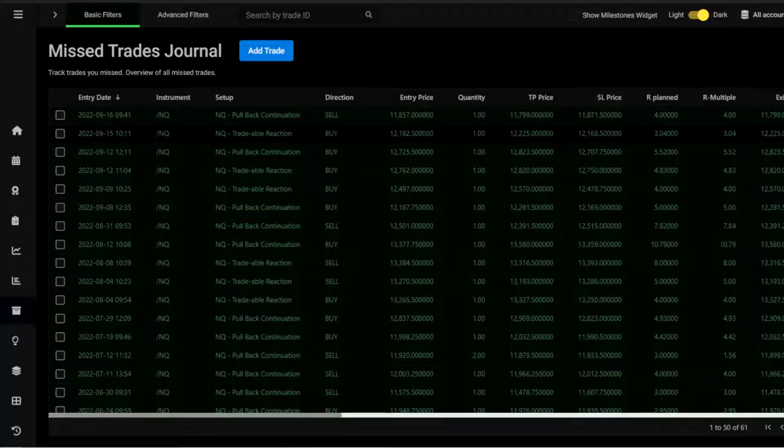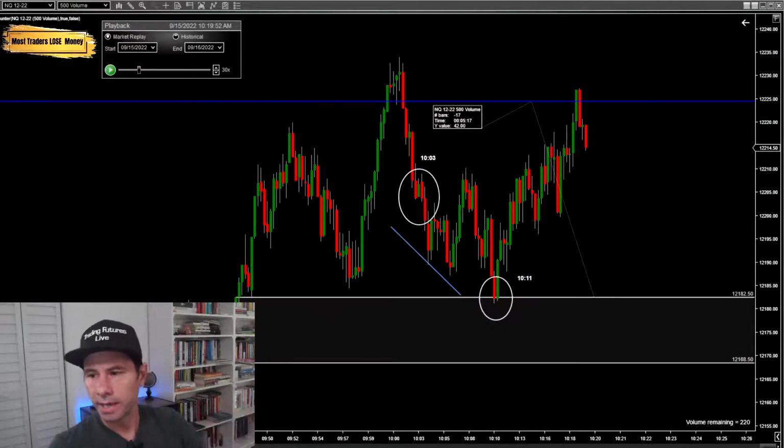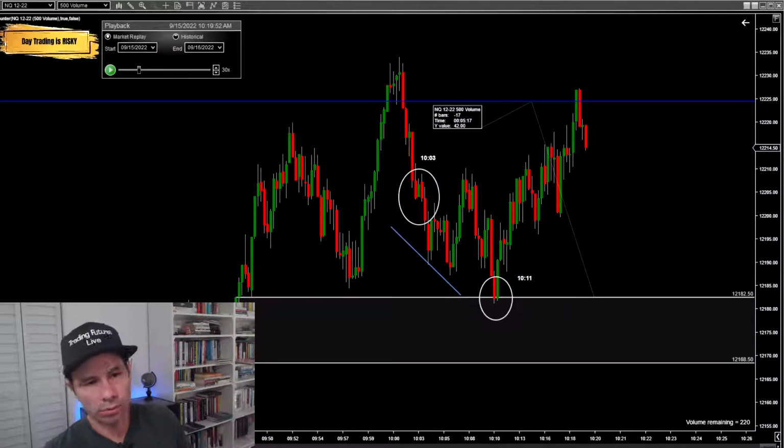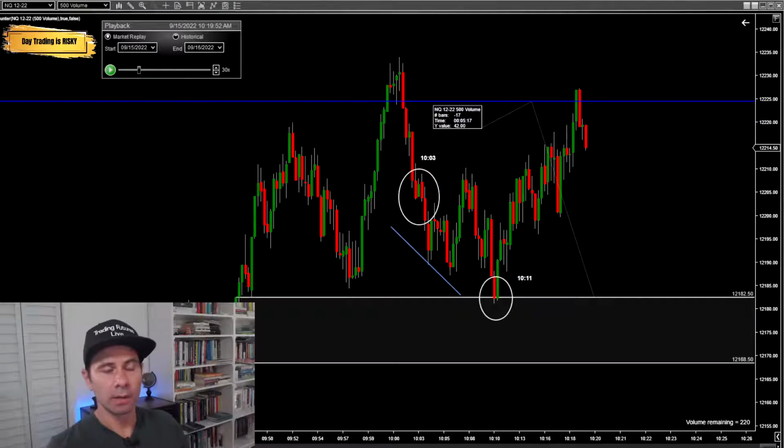So we trade a derivative of the cash market. That cash market is in New York, in the New York Stock Exchange, where you trade stocks, Apple, Facebook, Netflix, etc., right?